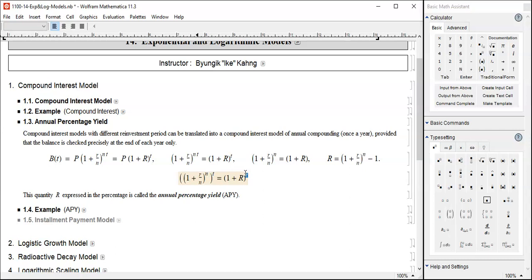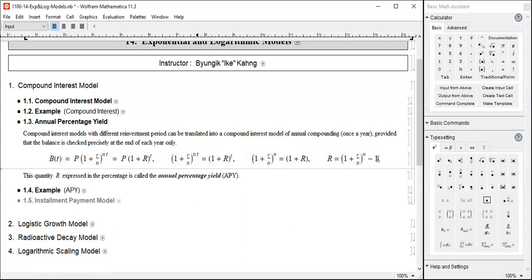Remove those, and that's how you get this. So no more t either. And from this equation, the third equation, solving for capital R, we get this. And this one is called APY, annual percentage yield, if it is expressed in terms of percentages.